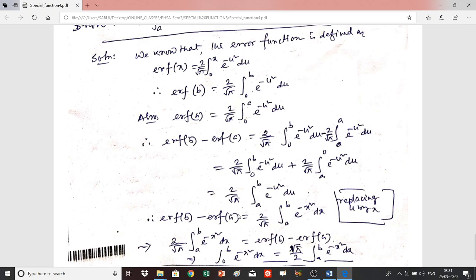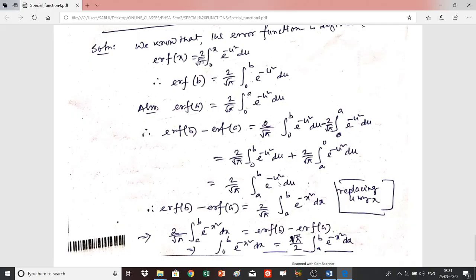Now, for generalization, you can write erf b minus erf a is 2 by root pi, integral a to b of e to the minus x square dx. Just for the generalization you use x as u.